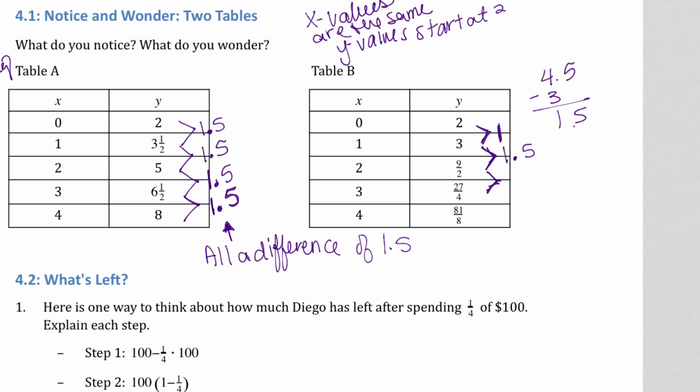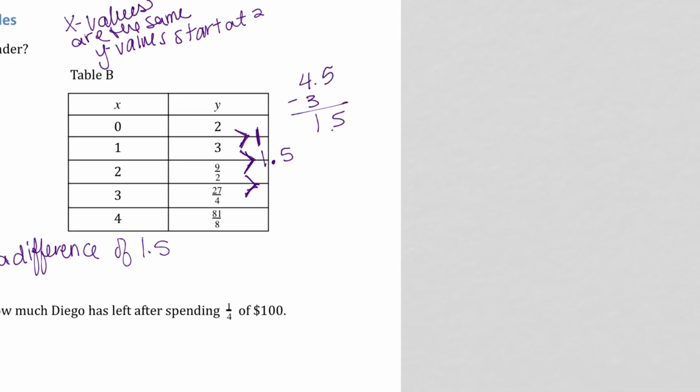Let's first put this as a decimal, because I think you guys would prefer to see it as a decimal. So what is 27 divided by 4? What is that close to? 6 times 4 is 24. So here, let's do some long division.